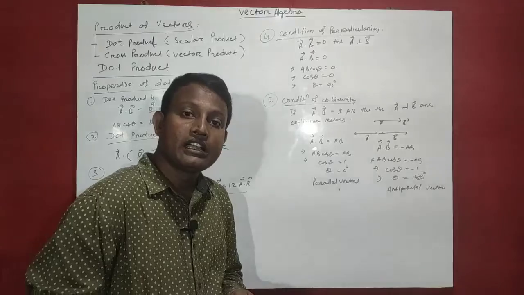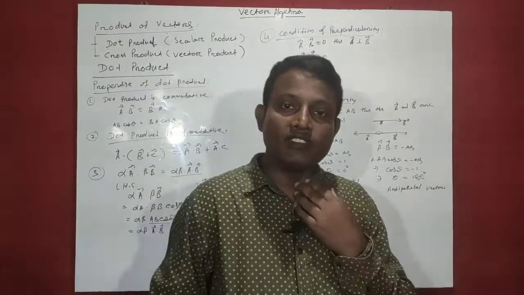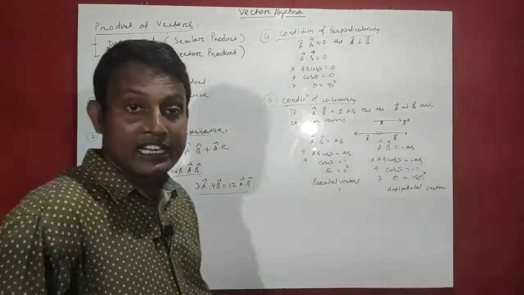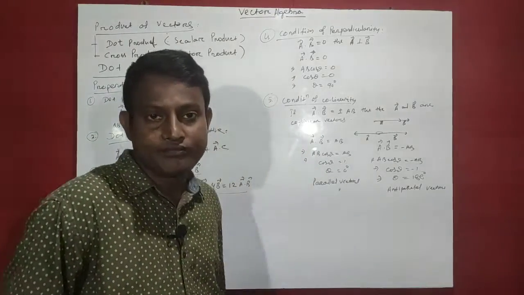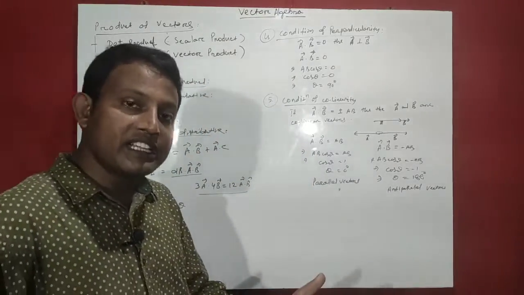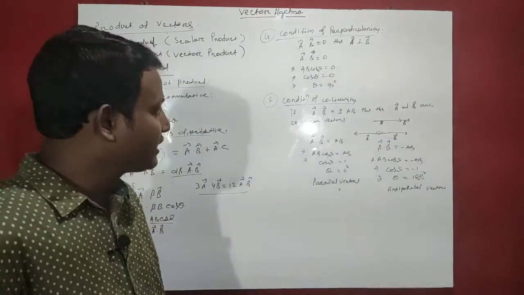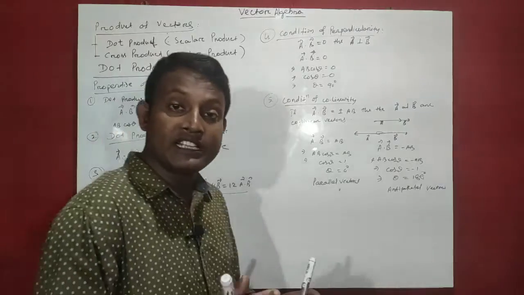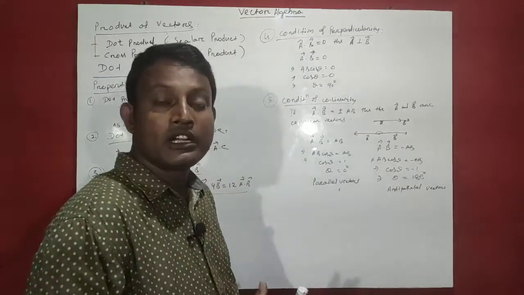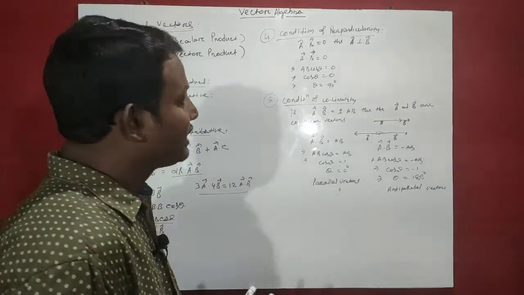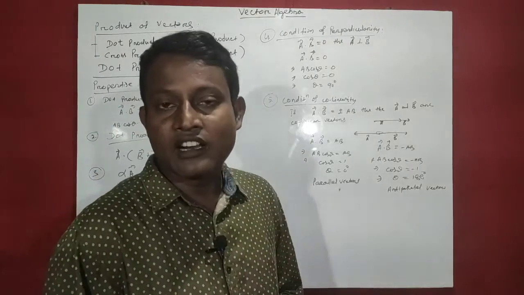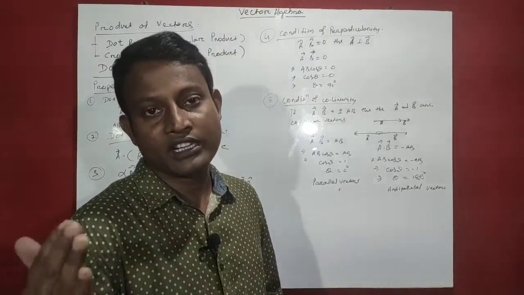Guys, actually if we ask, sir, how can we take the dot product of three vectors? Actually, we can also find the product of three vectors. This is called STP, scalar triple product.